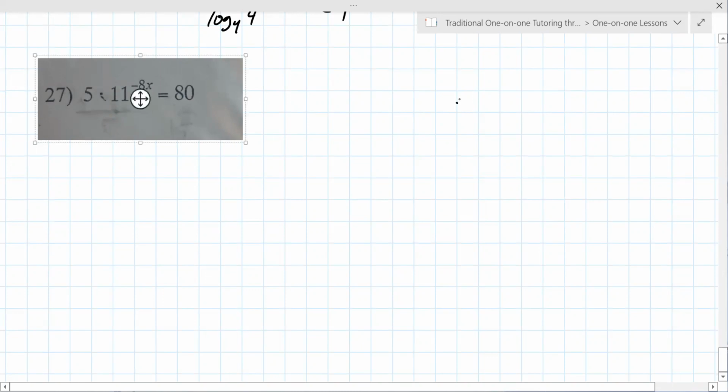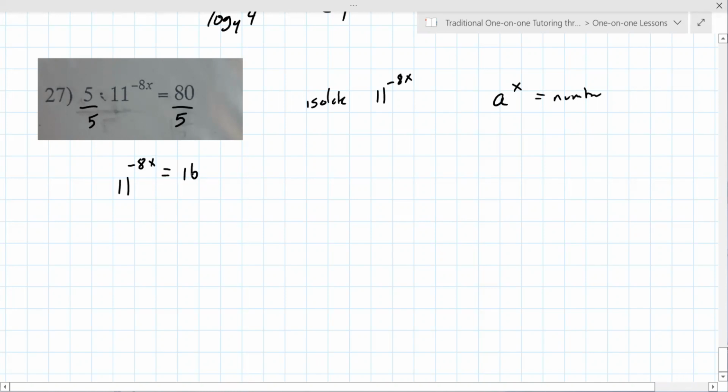So what you're really trying to do is get into some form like a to the x equals a number. Basically, you want to isolate, in this problem, the 11 to the minus 8x. So you undo this by dividing by 5 on both sides. So 11 to the minus 8x equals 16.